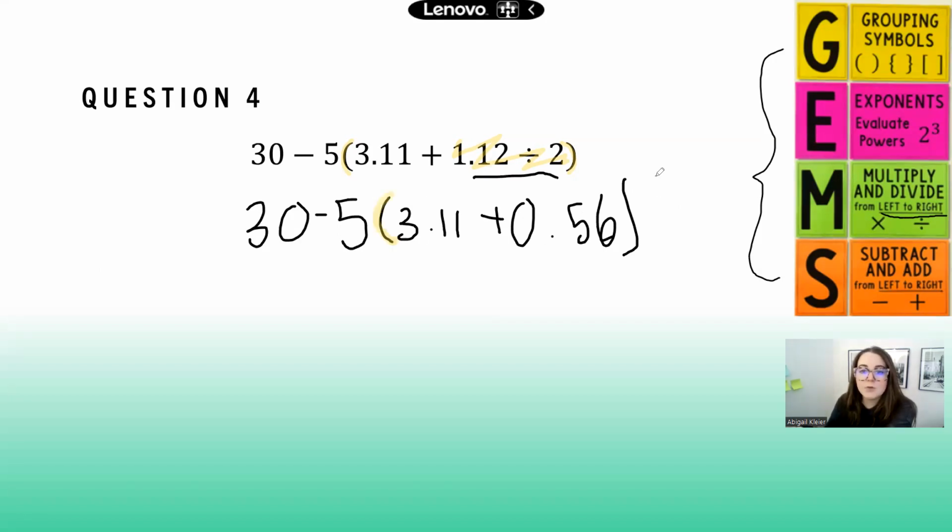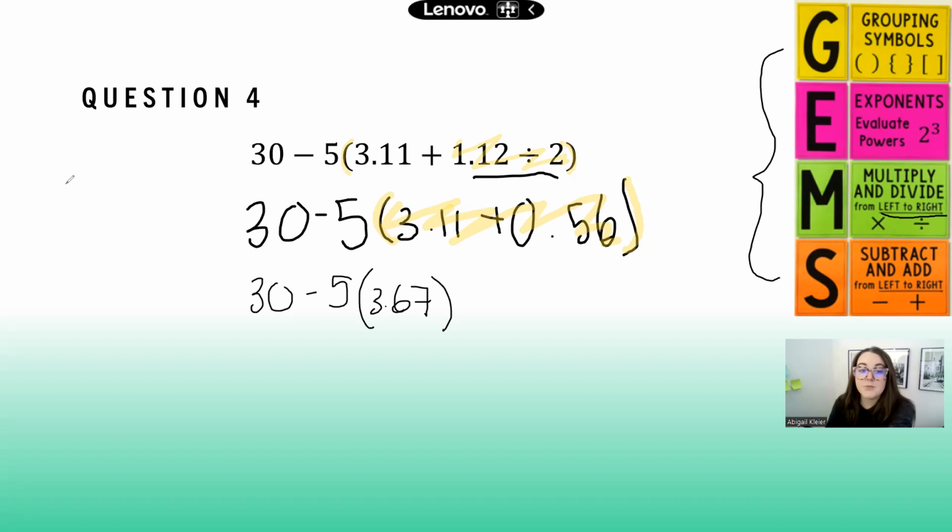I still have those grouping symbols, those parentheses, so I'm still going to solve what is inside those parentheses. I have 3.11 plus that 0.56, and this simplifies to 3.67.